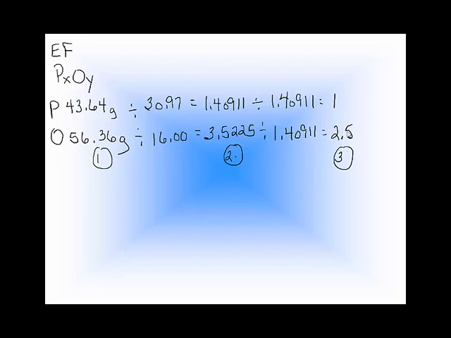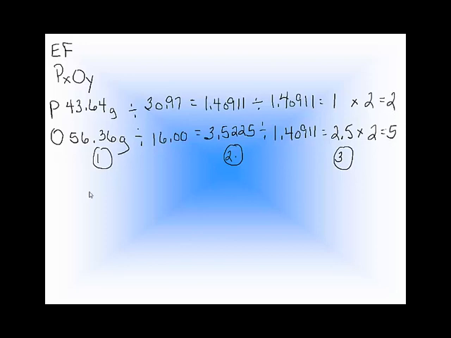You will notice in this particular problem I have to do the 4th step. I need these numbers to be whole. I can't have it as 2.5. That's illogical. So some number times 2.5 will give me a whole number, and of course that number is 2. So I multiply both of them by 2, and I get 2 and 5.